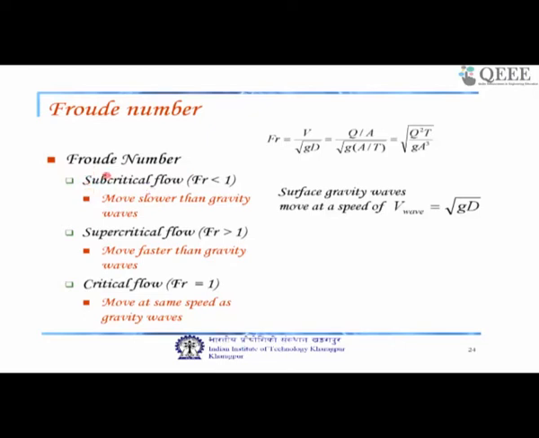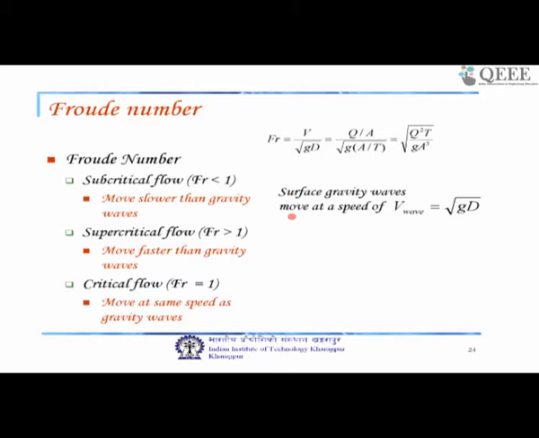One, or first one, is subcritical flow, that is Froude number is less than 1, where the flow moves slower than the gravity waves. Supercritical flow, where Froude number is greater than 1, moves faster than gravity waves, and critical flow, where the Froude number is equal to 1, moves at the same speed as gravity waves.